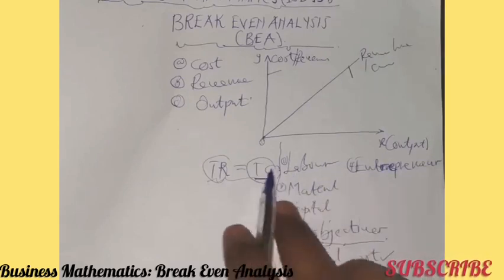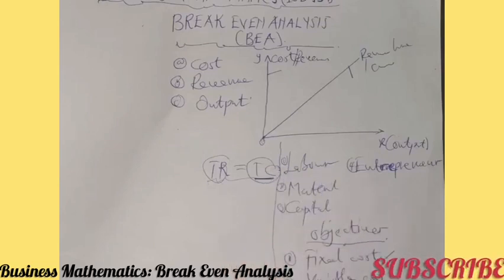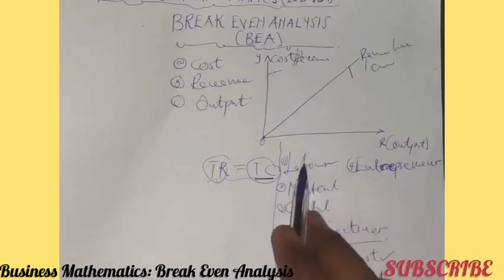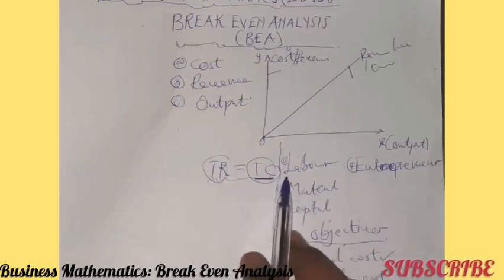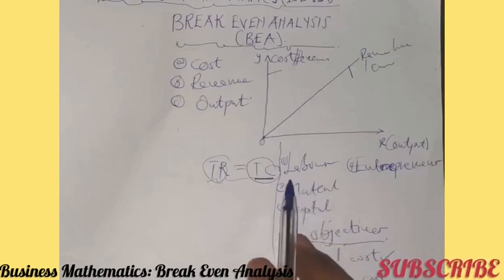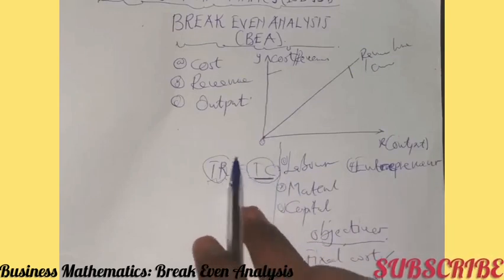Then we can say that we can accurately determine the total cost for such unit that we produced or sold at the end of the day. So once you're able to determine the cost of labor, material, capital and entrepreneur, we can say that is the cost of production. At break-even, your total cost should be equivalent to your total revenue.